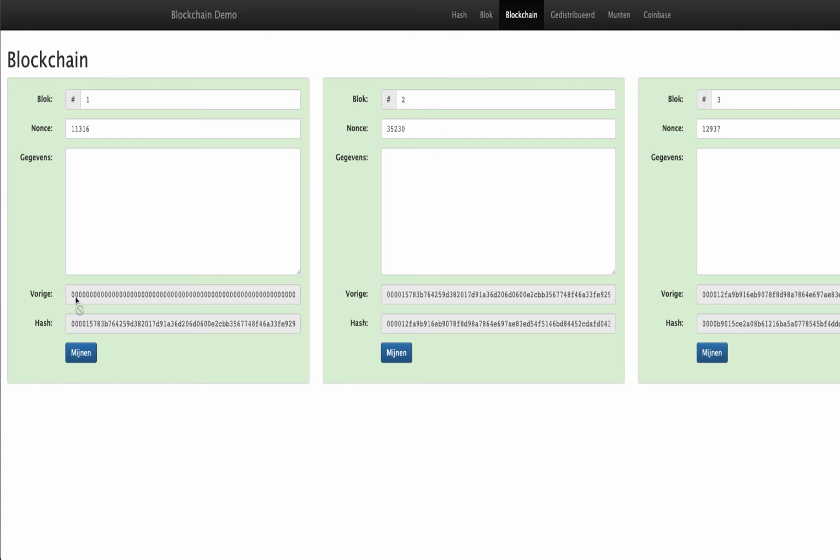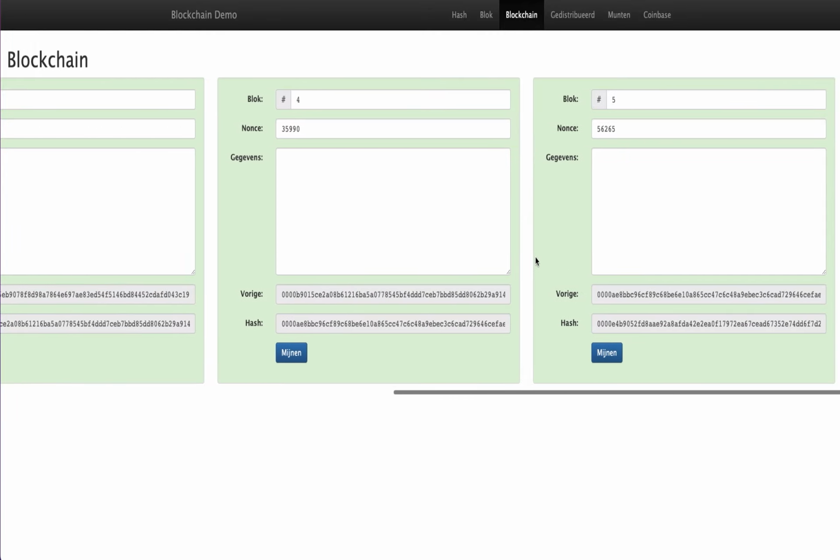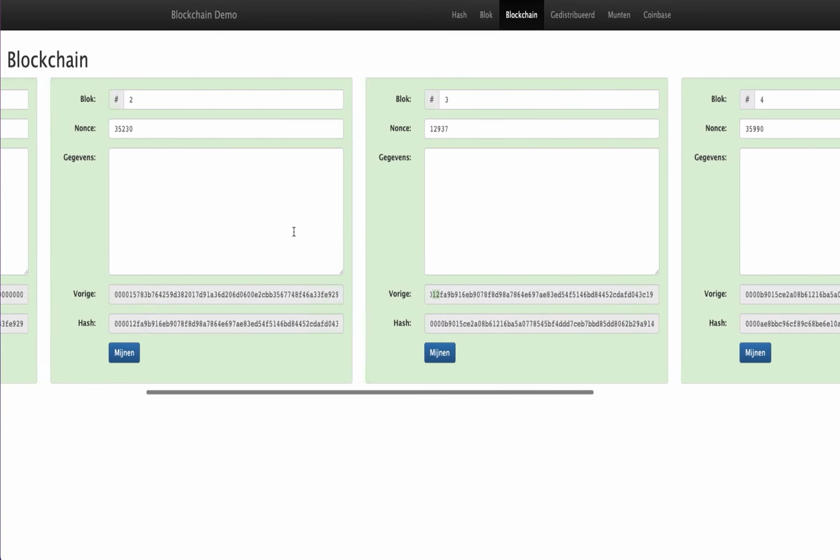But we also see that except for the first block, every block has the hash from the previous block in it. So you see 00015, 00015, and 12 and 12. So all the blocks are chained together via the hashes.